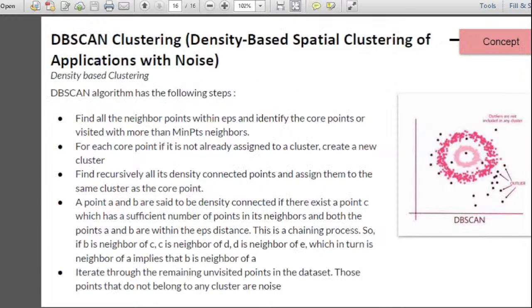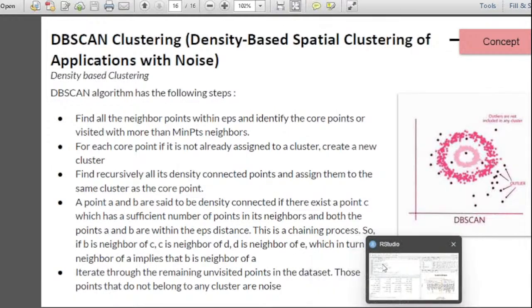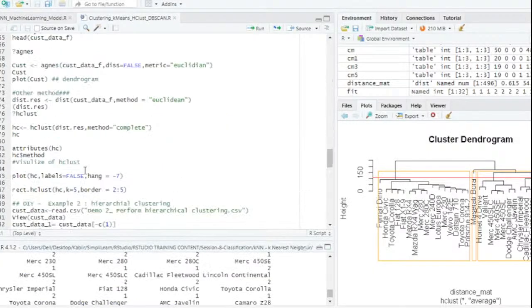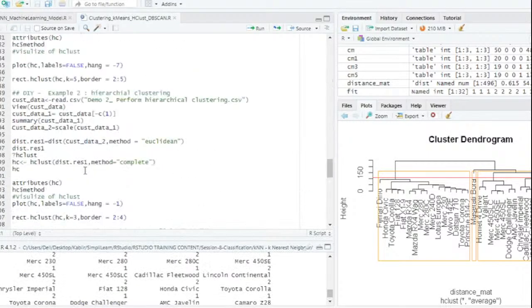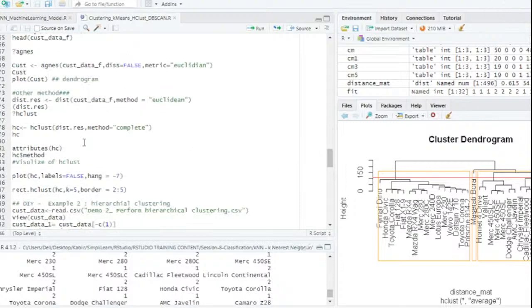And what we'll do is we'll go to R. This is another example of HClust which you can try in the classroom, right?